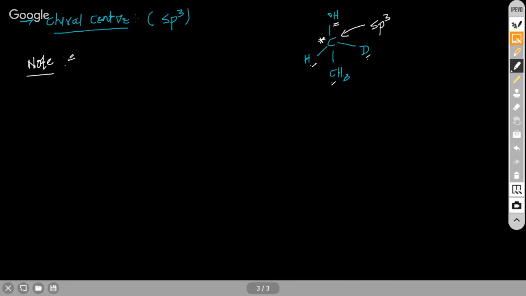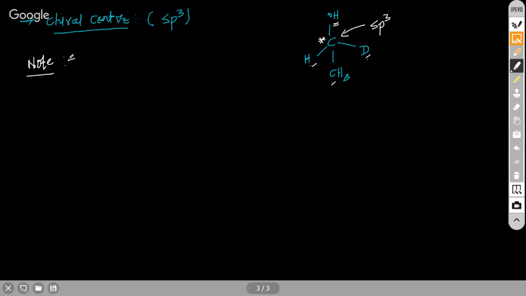What we have is an observation, that if the molecule has only one chiral center, then it is optically active. It is not the condition. It is not the criteria. Very important point, this one.